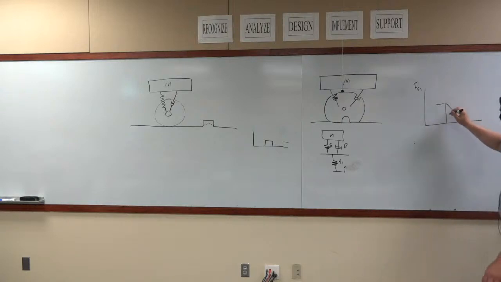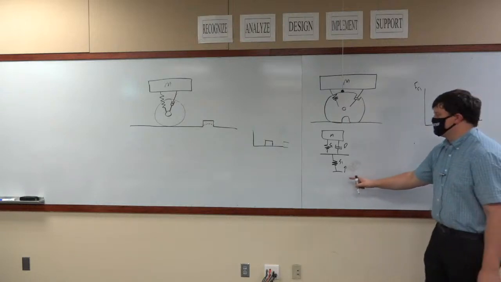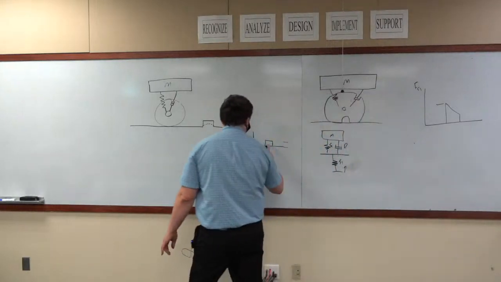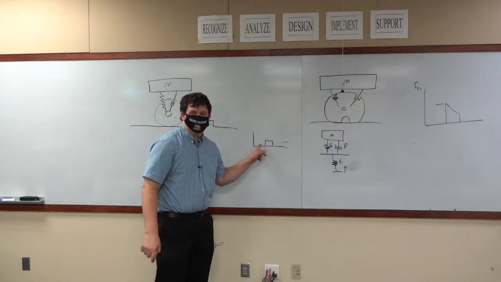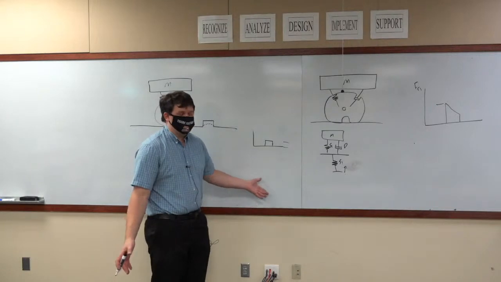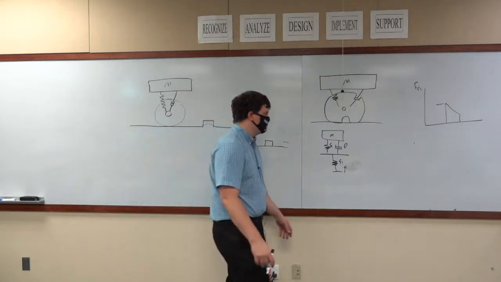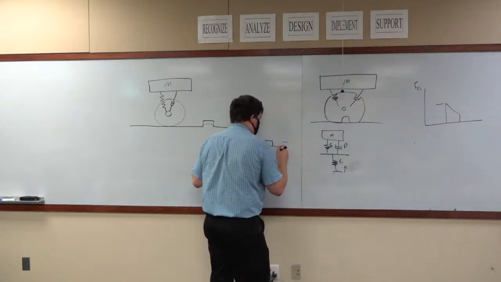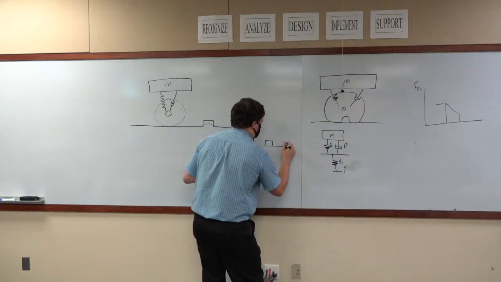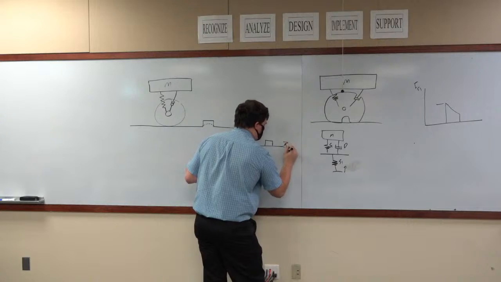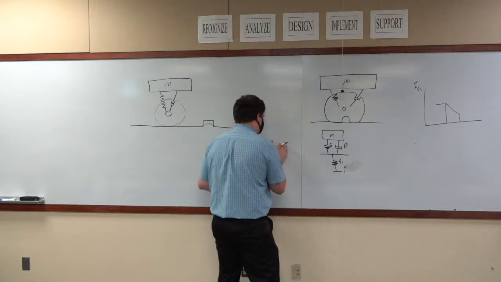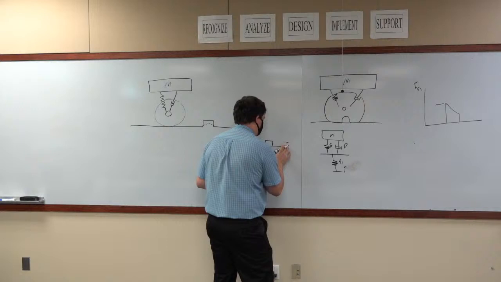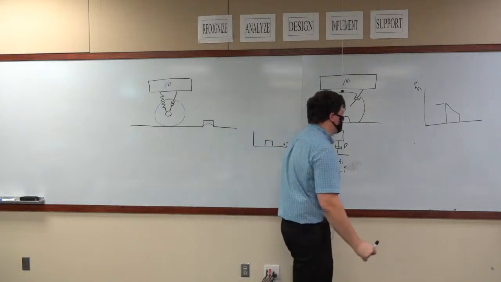This initial force right here is going to be equal to the height of this block multiplied by the spring constant of the tire. If we're looking at the height, I'll use the letter H, sorry.